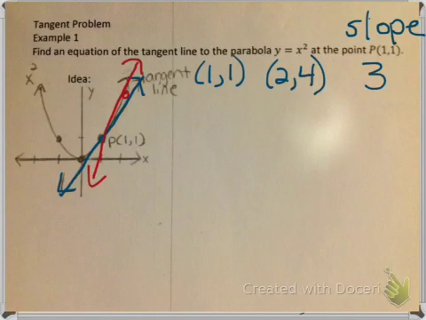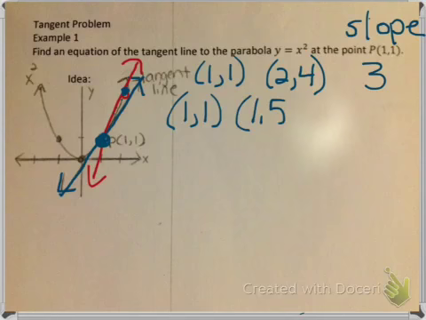Now the idea is if I move the point that I start with, which was (2, 4), closer and closer to (1, 1), and I continue to find the slope of those secant lines, I will get closer and closer to the actual tangent line. So what am I talking about? I find the slope of the secant line that goes through (1, 1) and (1.5, 2.25).